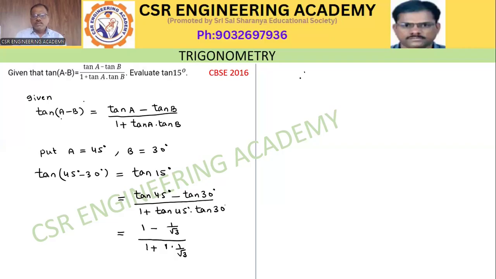Taking the LCM, that is root 3 minus 1 by root 3 divided by root 3 plus 1 by root 3. Root 3 cancels, that is root 3 minus 1 by root 3 plus 1.